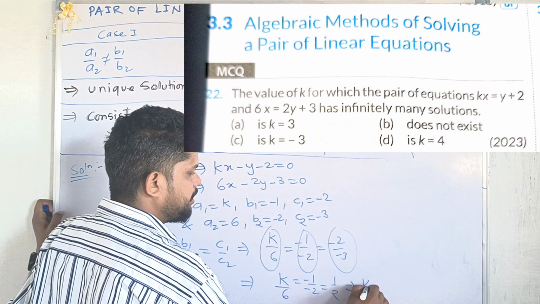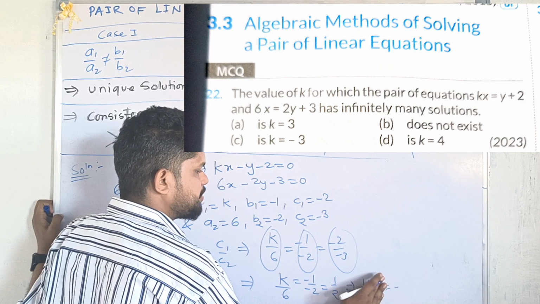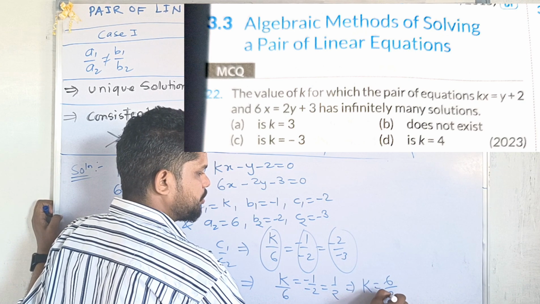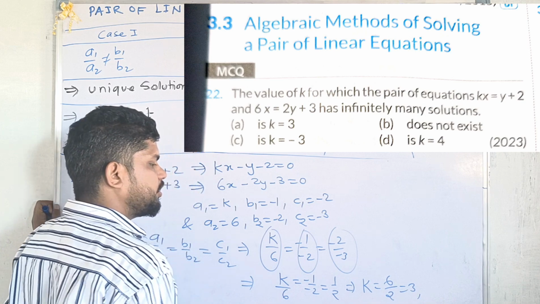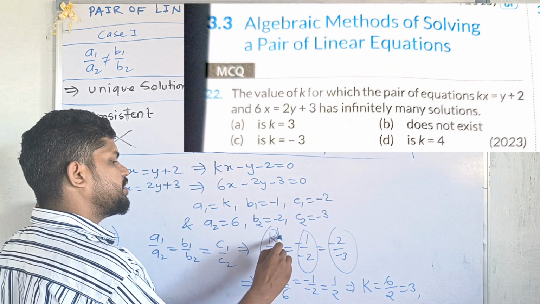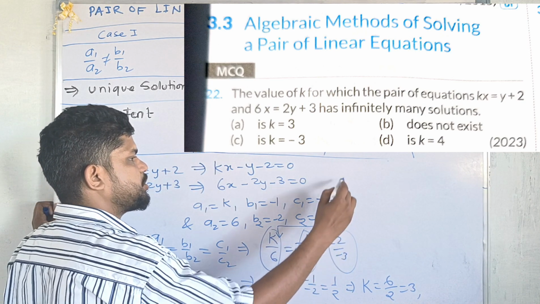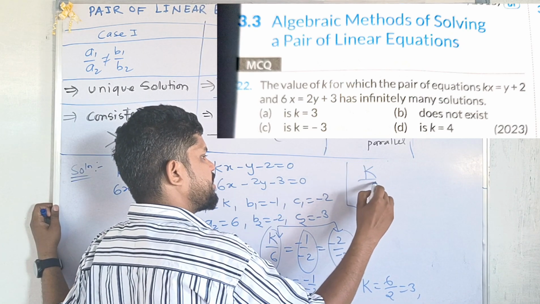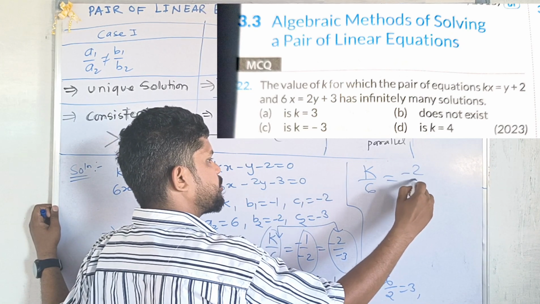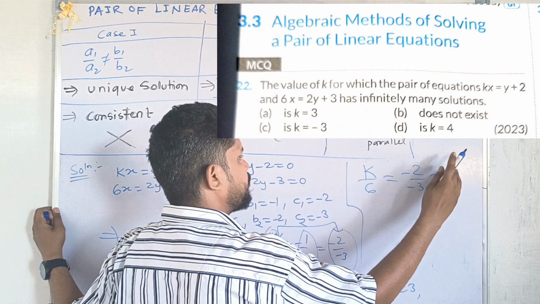So the value of k will be 6 by 2, that is 3. On the other hand, if I equate the first ratio with the third ratio, I will get k by 6 equals minus 2 by minus 3, which is just 2 by 3.